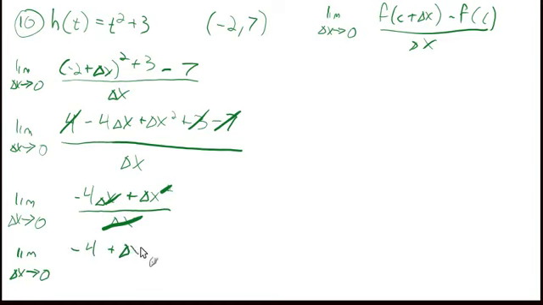Plus delta x. So this one we do wind up with a delta x in this final limit, but then we substitute 0 in for it, and we find that the slope of this thing is negative 4 at negative 2. So at x equals negative 2, the slope of that graph is negative 4. Pretty cool. And that's what we were supposed to find.